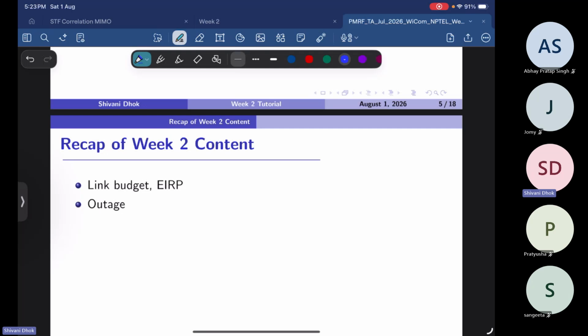So your received power is less than some threshold, which equivalently translates to your path loss being greater than some average path loss plus some additional margin that is added for taking care of the random fading.